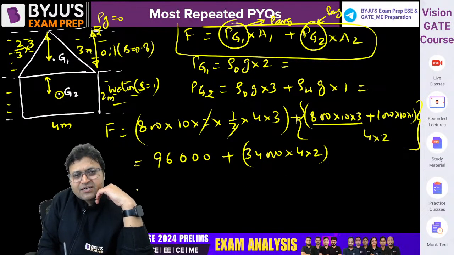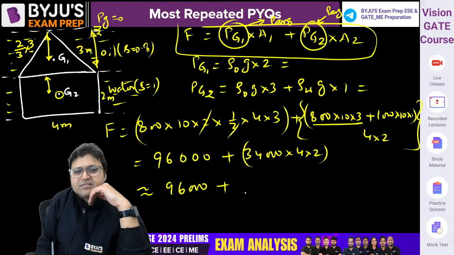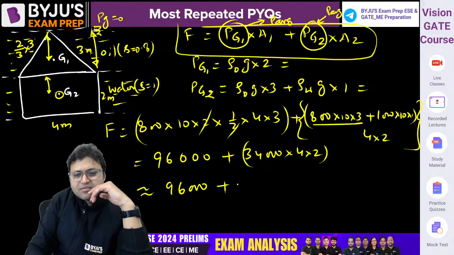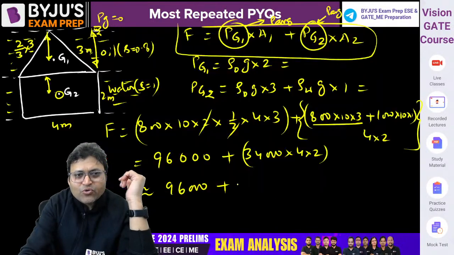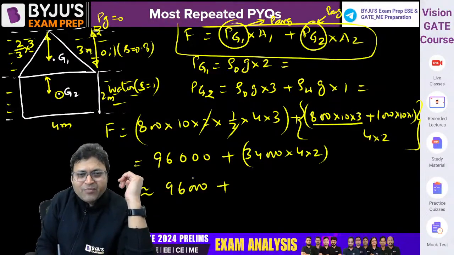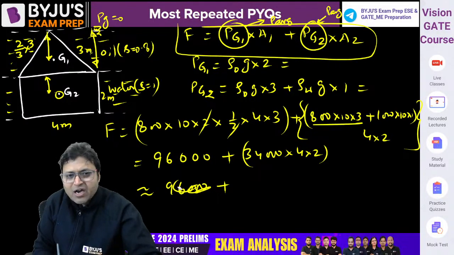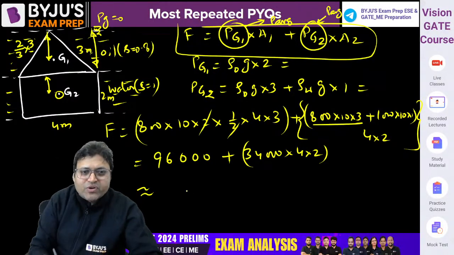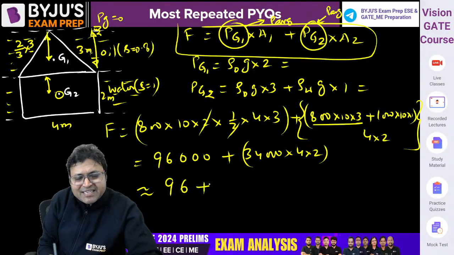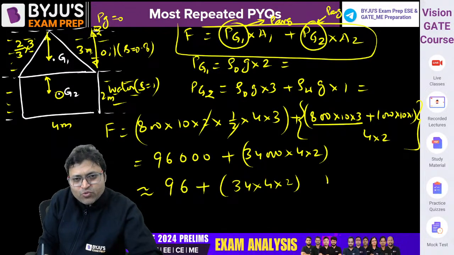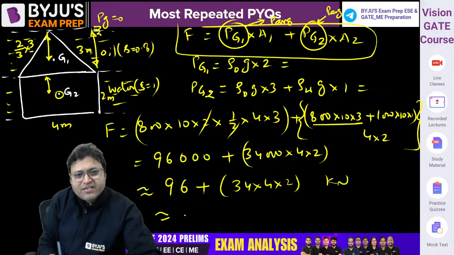So how much is that? 96,000 plus. Answers are in kilonewton, so if we divide by 1000, it will be in kilonewton. How much will it be? In kilonewton it will be 96 plus 34 into 4 into 2 kilonewton. Can you solve it?